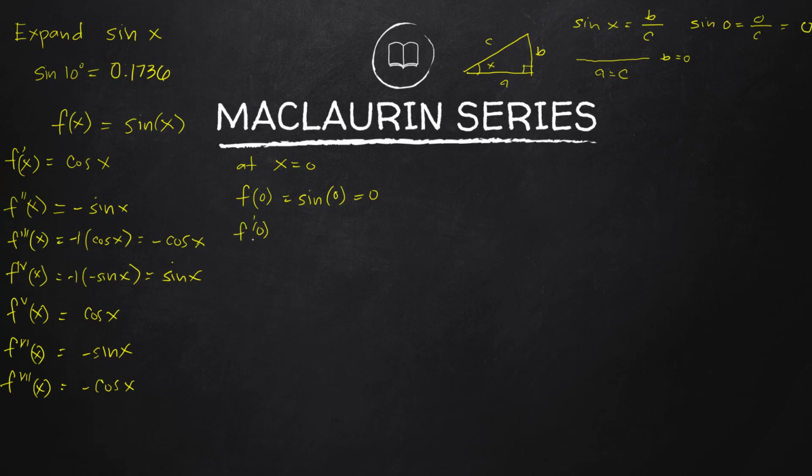F prime of 0, that is equal to cosine of 0. In this case, let's go back to the triangle. When you say cosine, this is equal to the adjacent side, A over the hypotenuse.